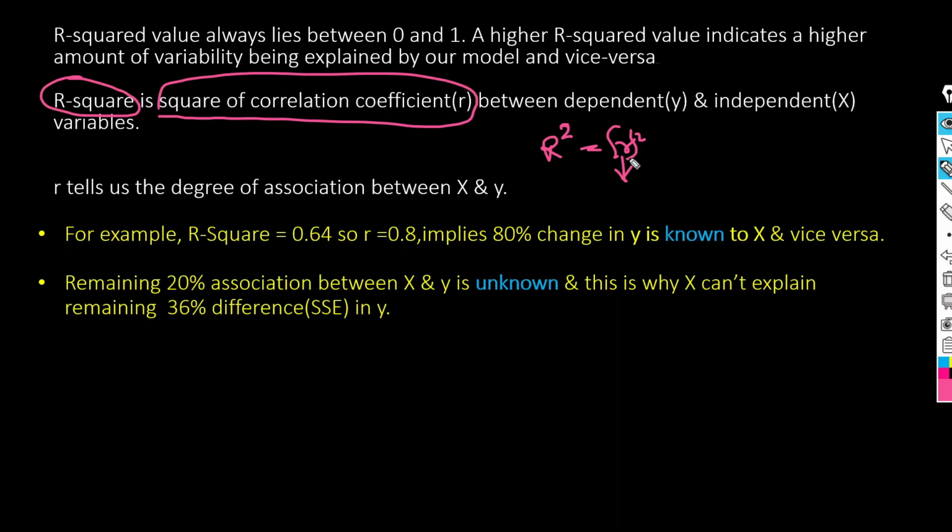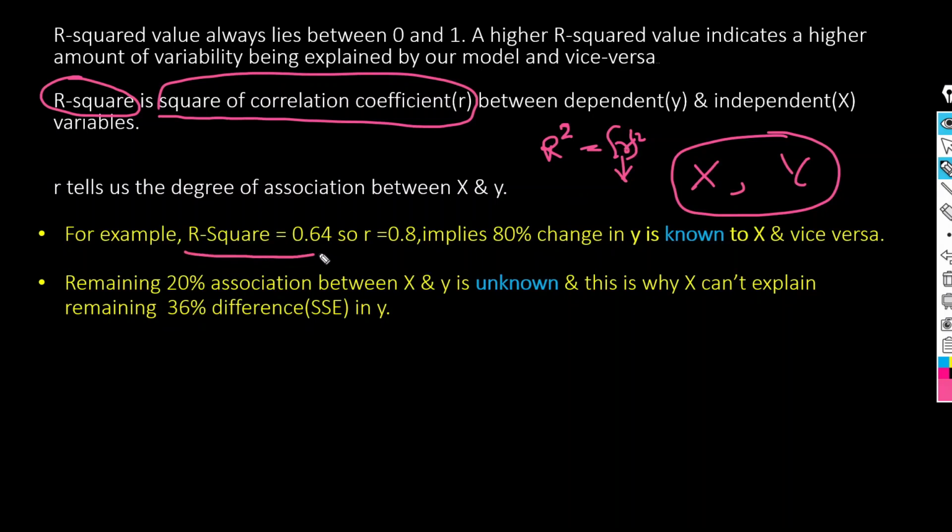And what is the correlation coefficient? It tells us how the independent and dependent variables are correlated to each other. What is the magnitude of the correlation? That we can get with the help of the correlation coefficient R.